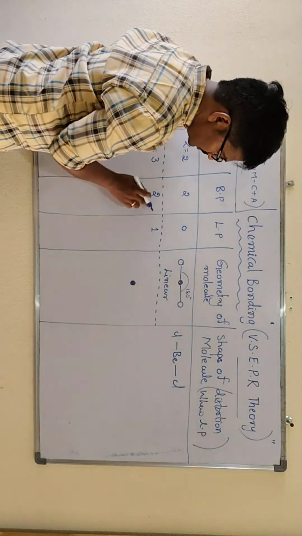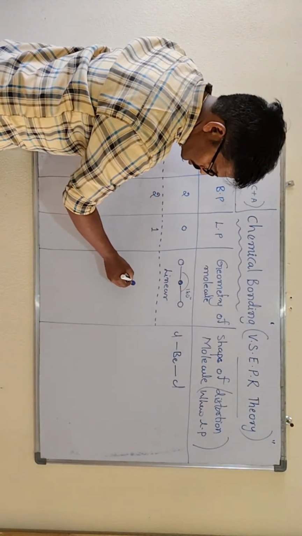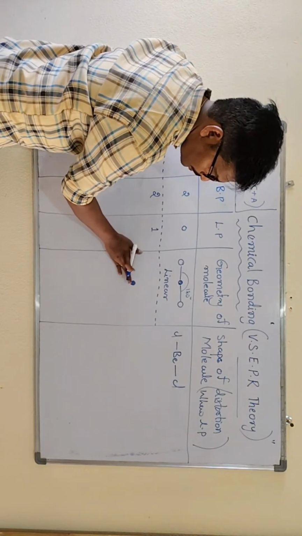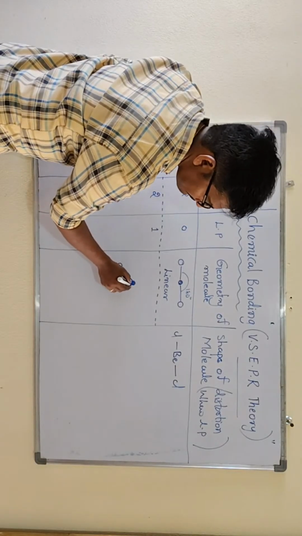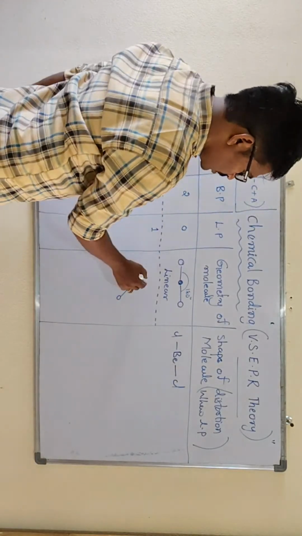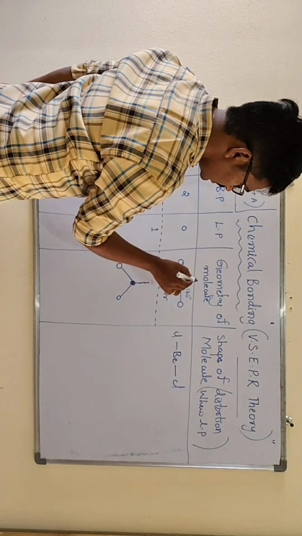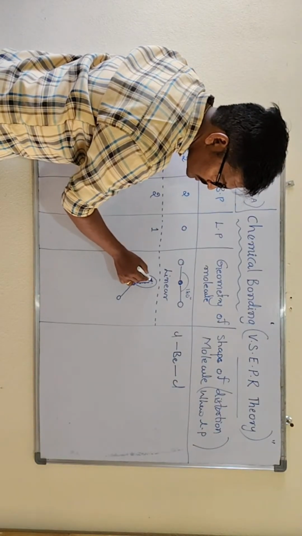Generally the 3 pairs are present, then 2 pairs here, then the third pair here. But the third pair occupies the lone pair of electrons.